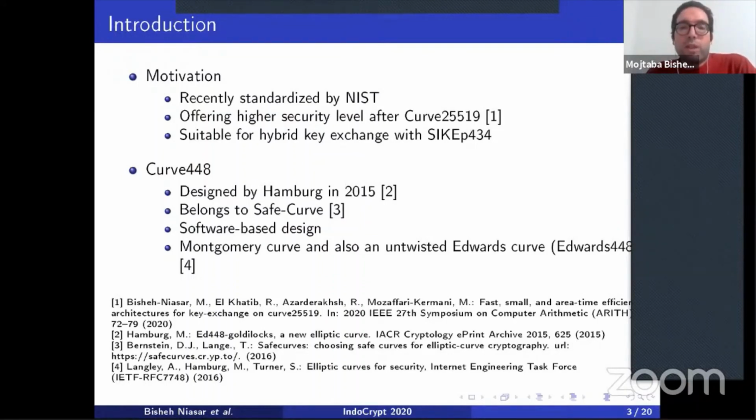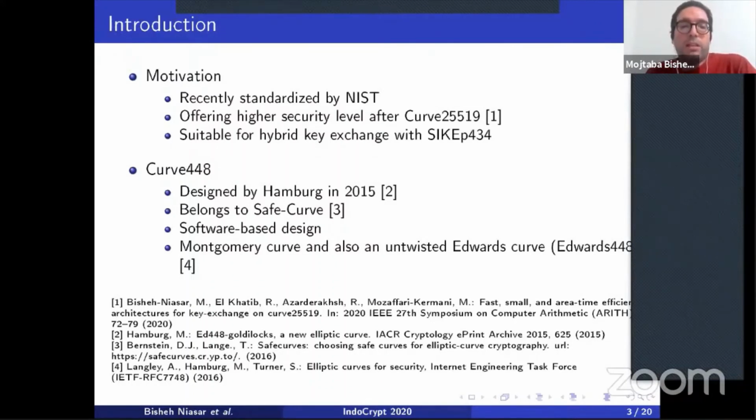So the curve 448 can offer almost 224-bit security, and can be combined with some post-quantum schemes such as the SIKE P434 scheme to provide almost the same security level in both classical security and quantum security.